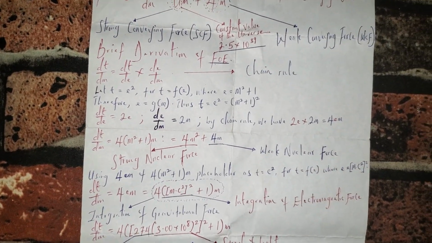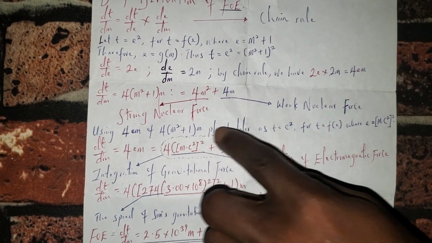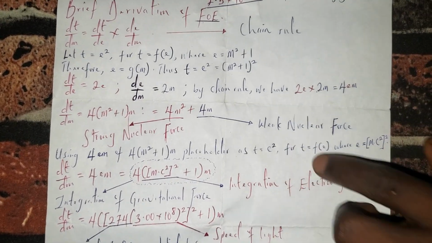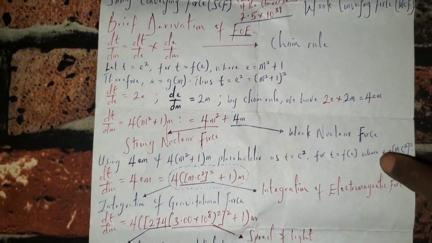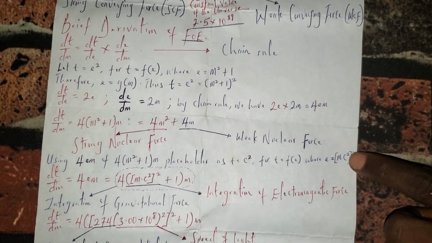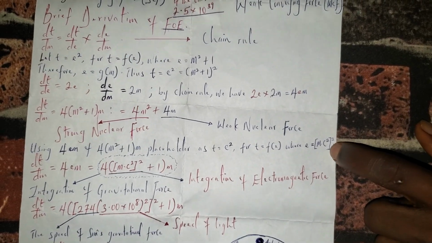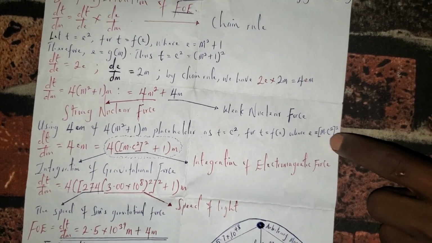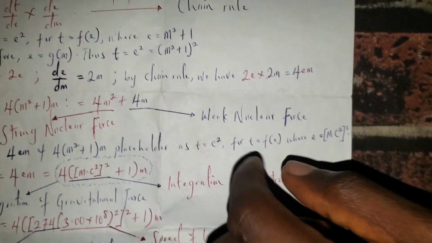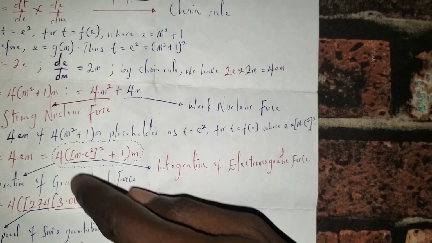Then if we solve this further, 4em of 4m squared, just as we have it, we serve as placeholder. So as t equal e squared, for t is the function of E, which is energy, where energy is mc squared. So here we now use the Einstein equation, which is E equals mc squared. We substitute that for energy, and once we do that, then we're going to have this 4em equal to 4.